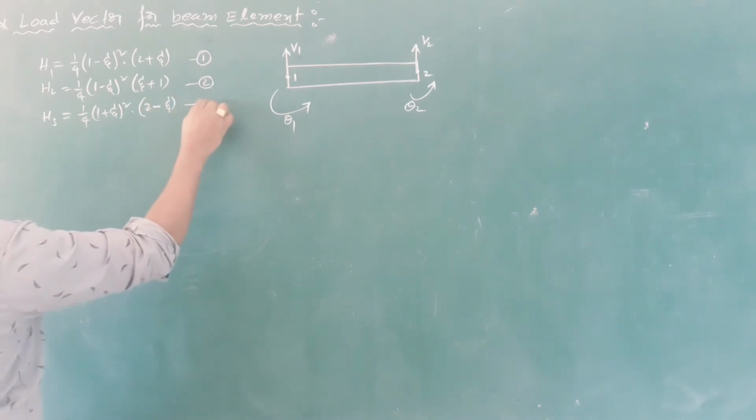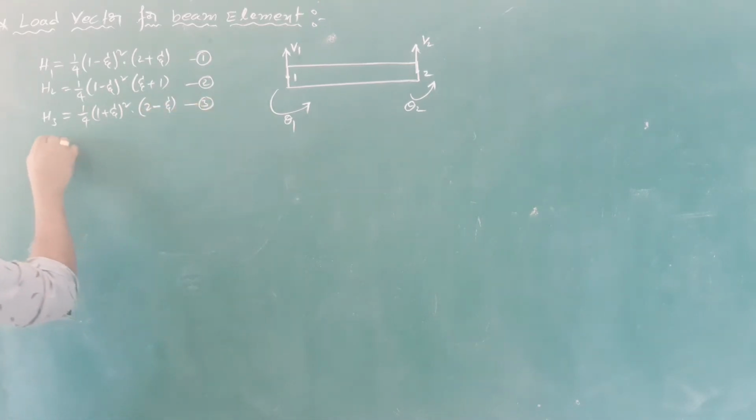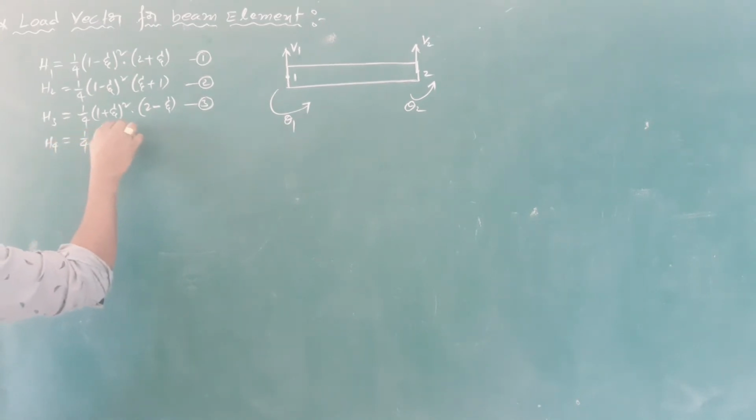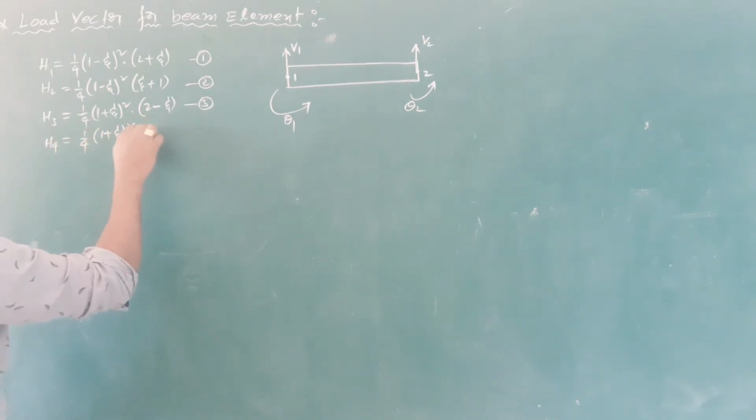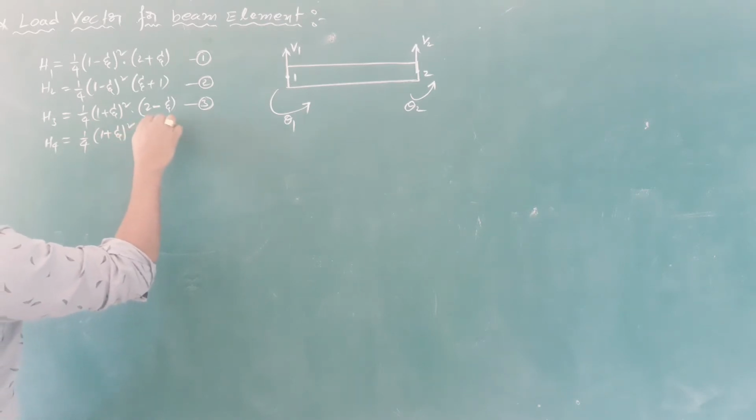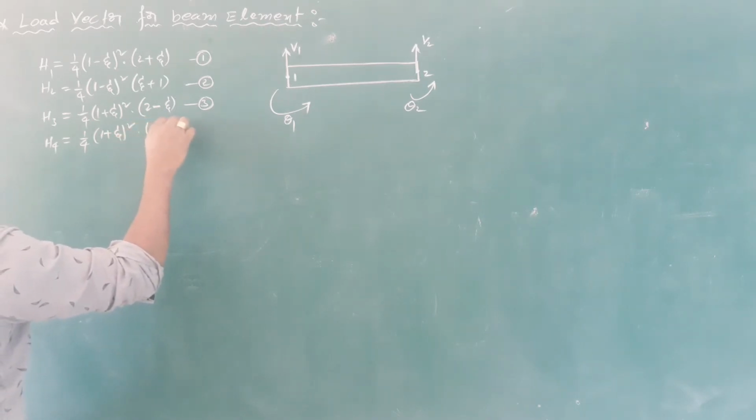And h4 is 1/4 into (1 plus j) whole squared into (j minus 1).